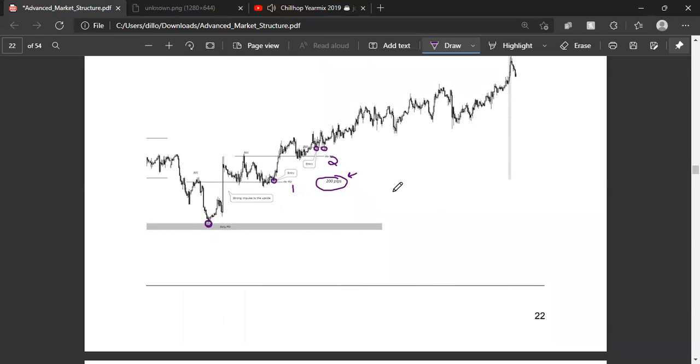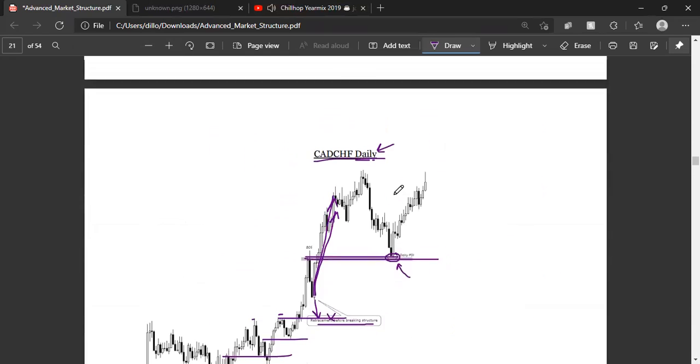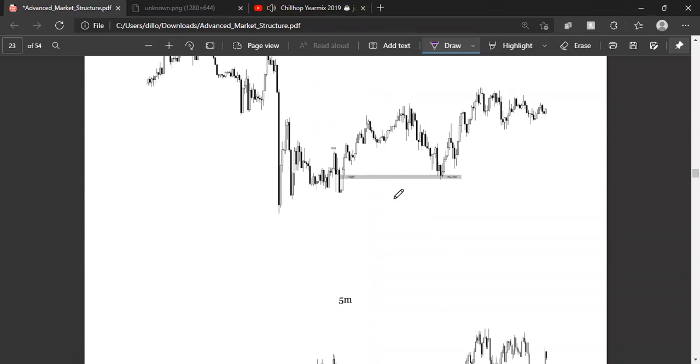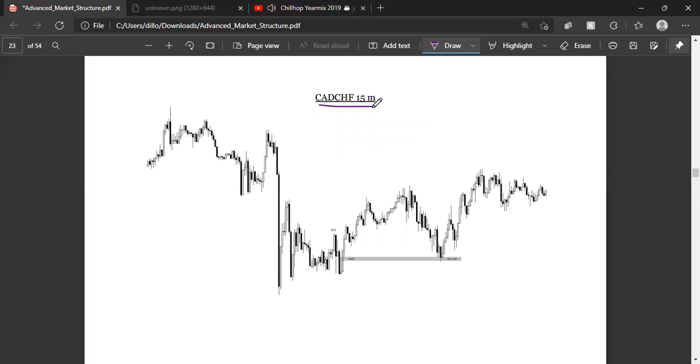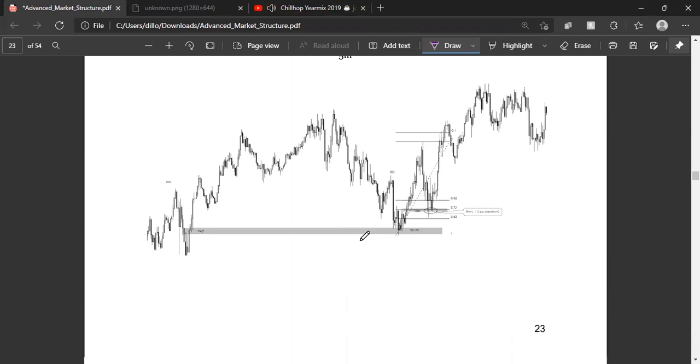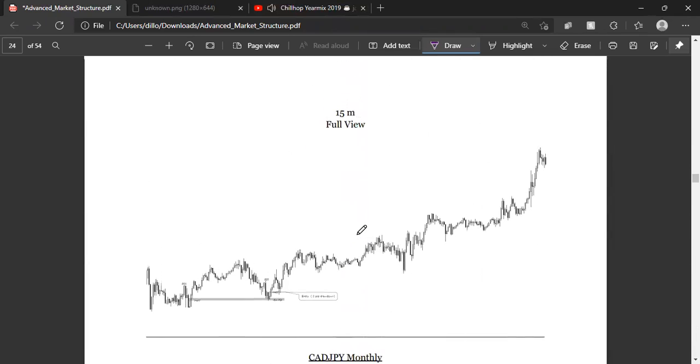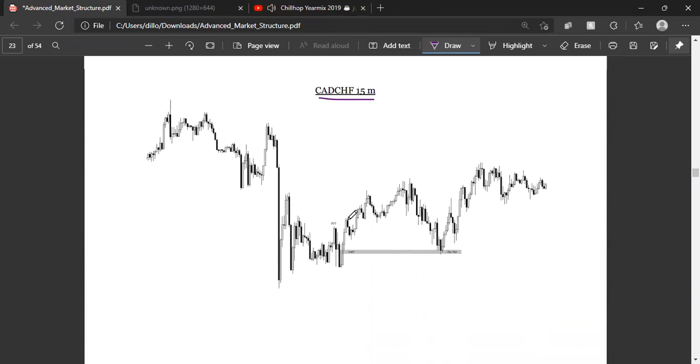So that was a full breakdown on CAD CHF. So now we have CAD CHF again on the 15-minute time frame. About 5 minutes. So look at what we see, right? Okay, cool. I got another full view one.